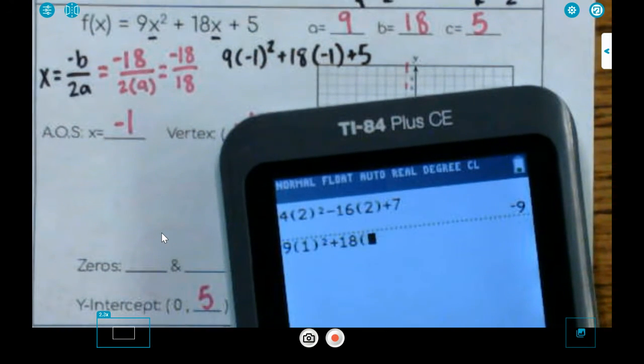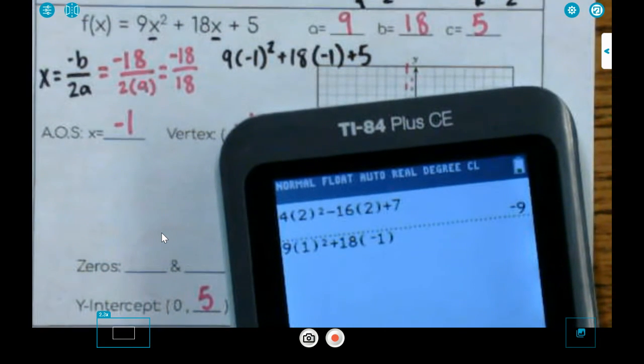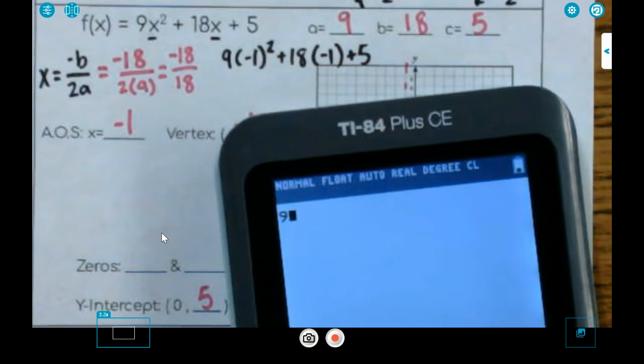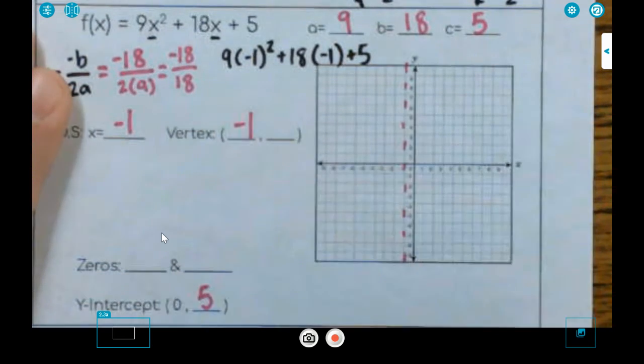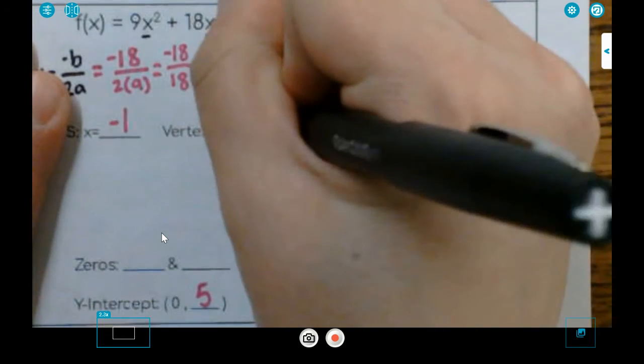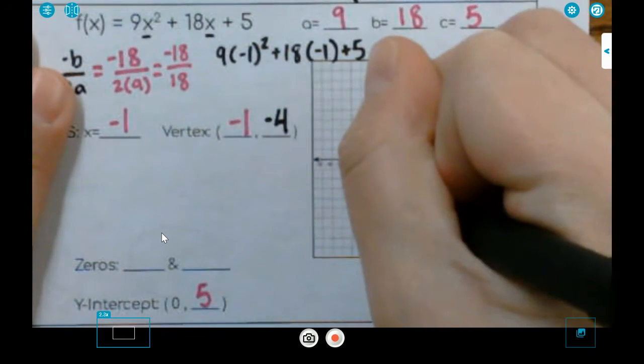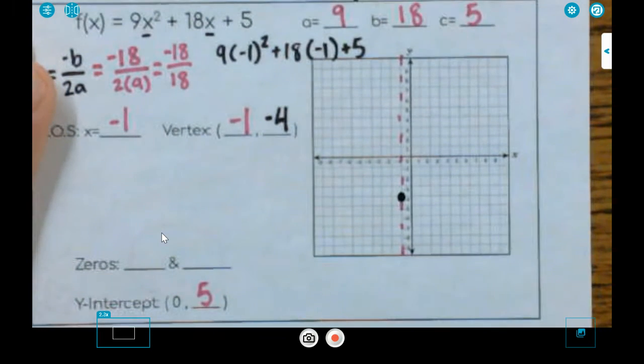So 9 times negative 1 squared plus 18 times negative 1 plus 5. And I am going to get negative 4. So that is going to be my y value of my vertex. Any questions about that? Okay, we can go ahead and graph it. So it's going to go right there at negative 4.